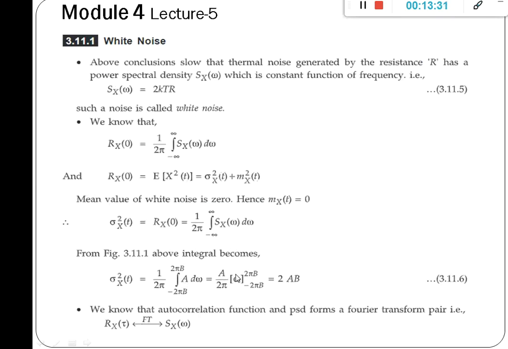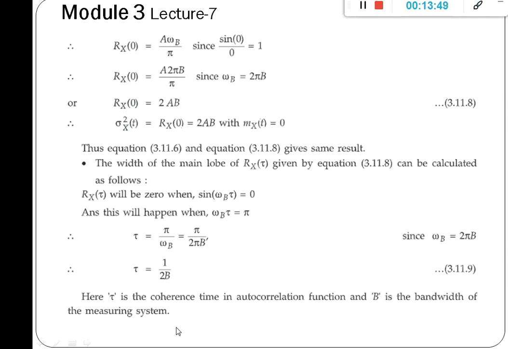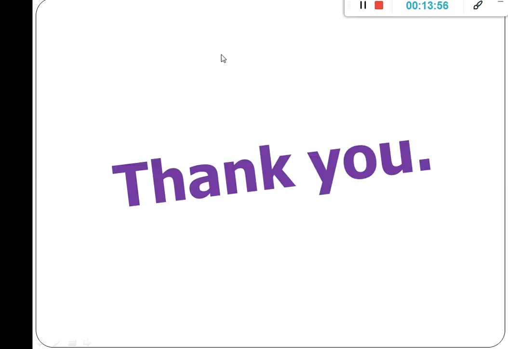So A into d omega, when we integrate, we get 2 into A into B. We know that the autocorrelation function and the power spectral density form a Fourier transform pair, that is, Rx of tau is the Fourier transform of Sx of omega. The Fourier transform of autocorrelation is the power spectral density. So Rx of 0 is equal to A into omega B divided by pi.